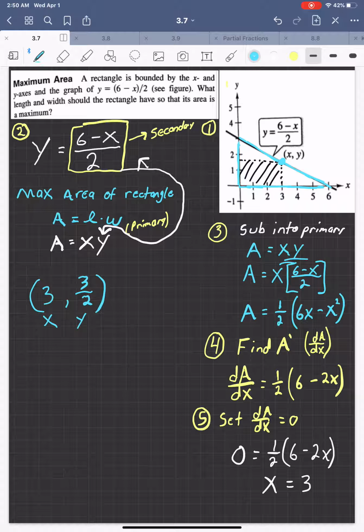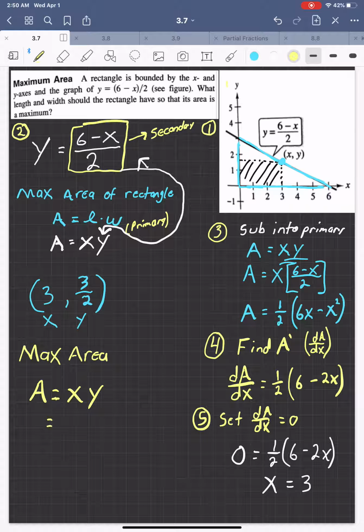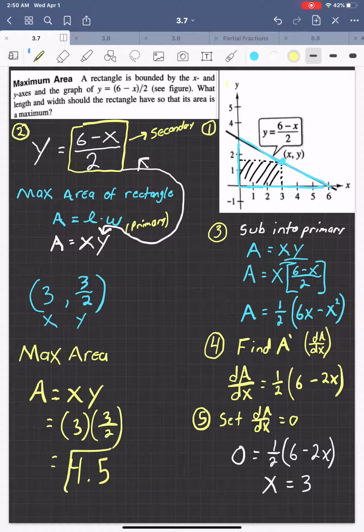Okay, so let's answer, what is this maximum area? Well, since area is x times y, this would be 3 multiplied by 3/2. The maximum area that you can get is 4.5.